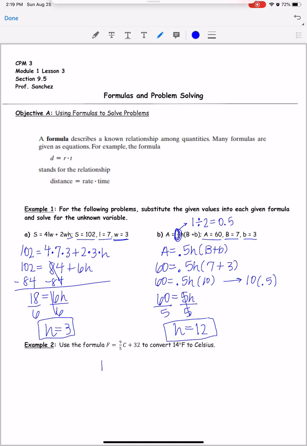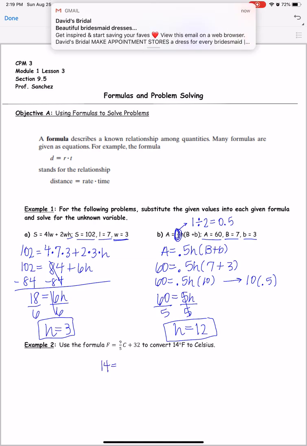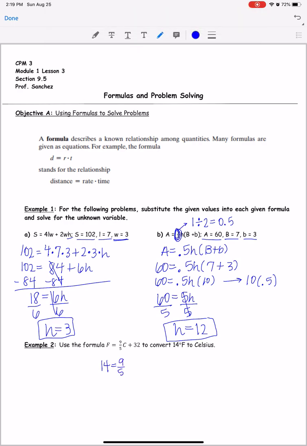So I've got 14 equals 9/5 C plus 32. Now we can easily solve this with that 9/5.